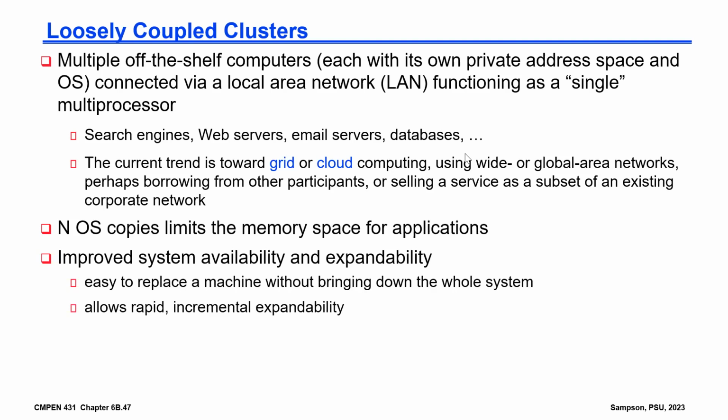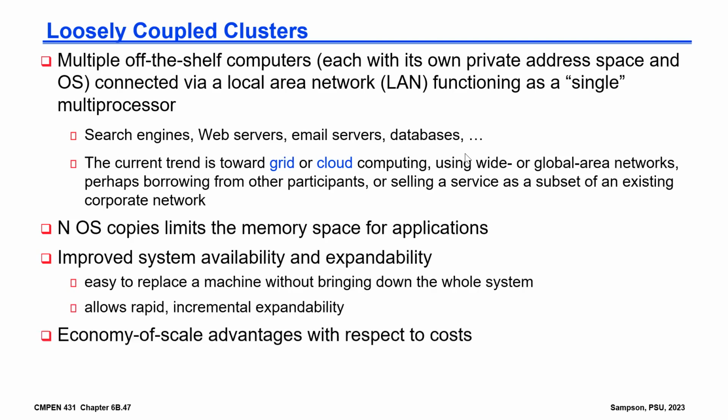That said, this is really a financial reason to build your machines this way rather than a technical one, right? So if I want to look at the right way to build a 100,000 node supercomputer, it's not going to be the same way to build 100,000 nodes in my data center. And the 100,000 nodes in my data center are going to be a heck of a lot cheaper.